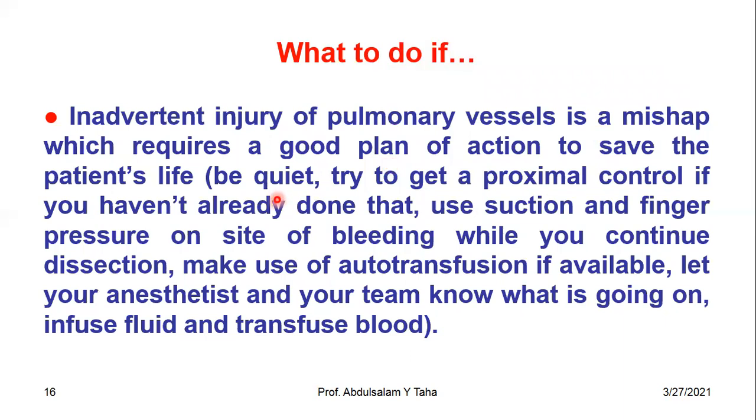So the advice is to be quiet, try to get a proximal control of the pulmonary artery if you haven't already done that. Use suction and finger pressure on the site of the bleeding while you continue dissection.